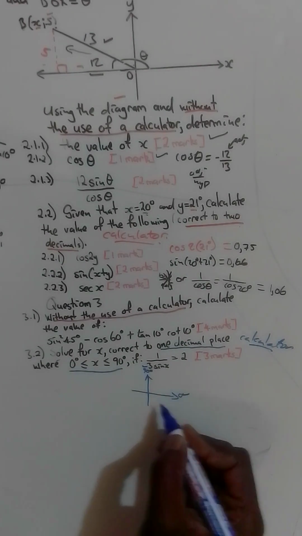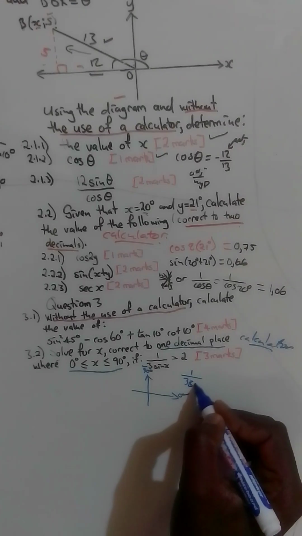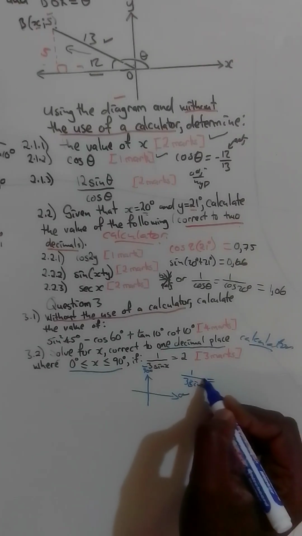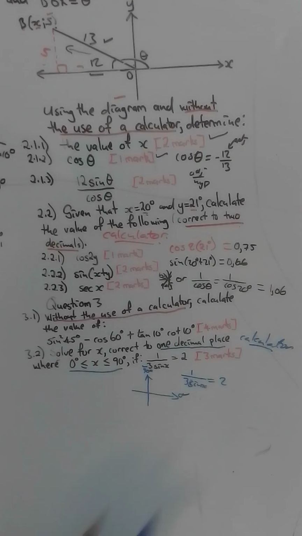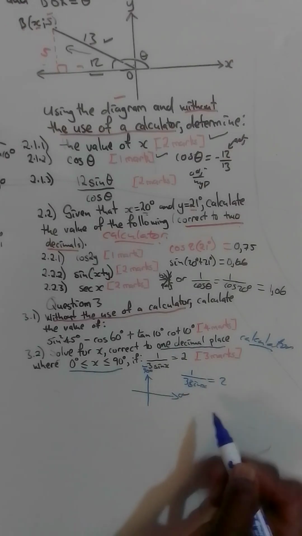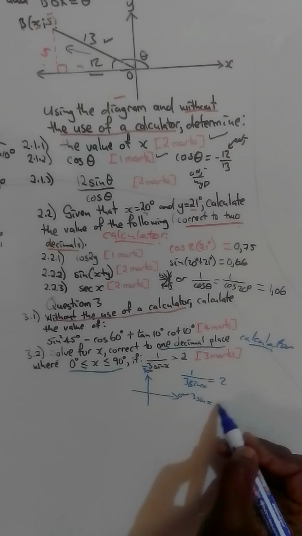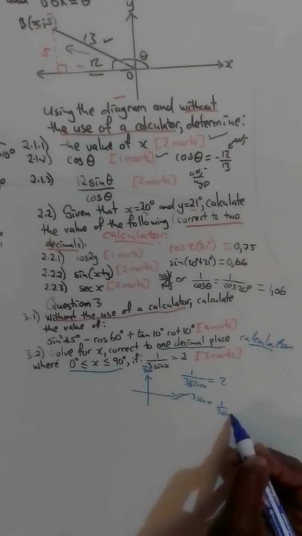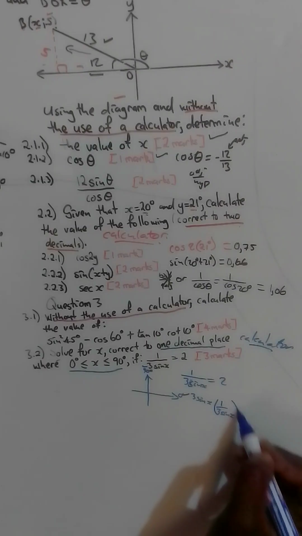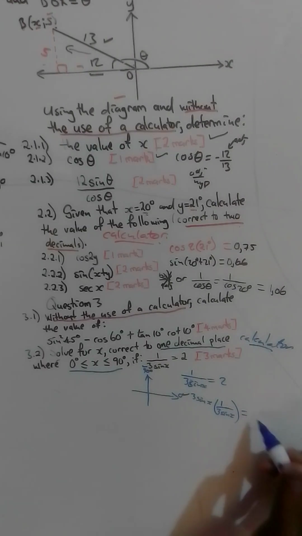So what we then do, we come here and we say that, okay, we have got 1 over 3 sin x, which is equal to 2. First thing which I need to get rid of is what? I need to get rid of the denominator. So I'm going to say 3 sin x here multiplied by 1 over 3 sin x is equal to 2.